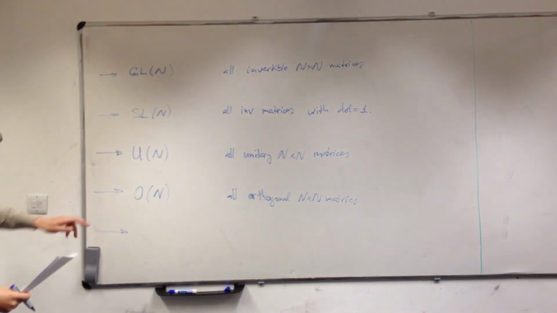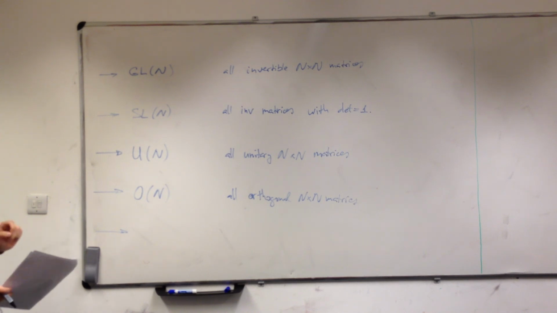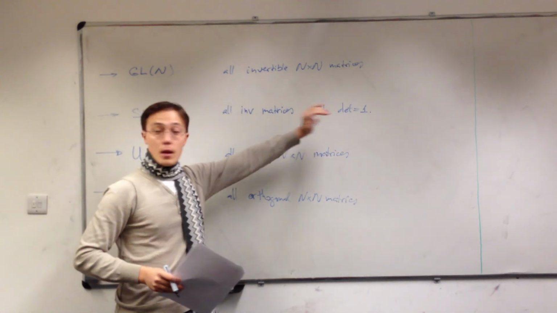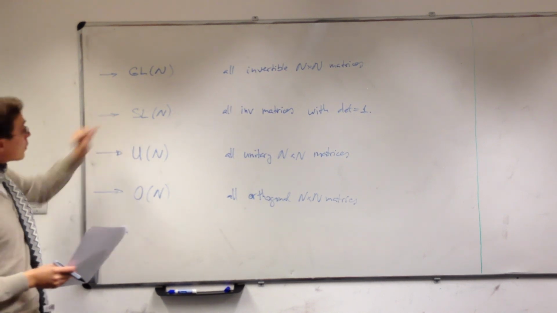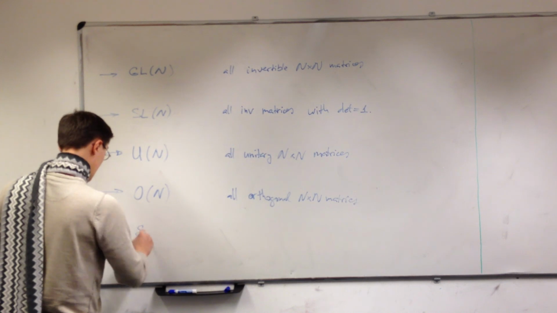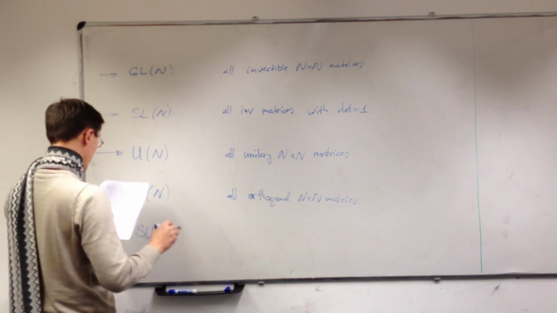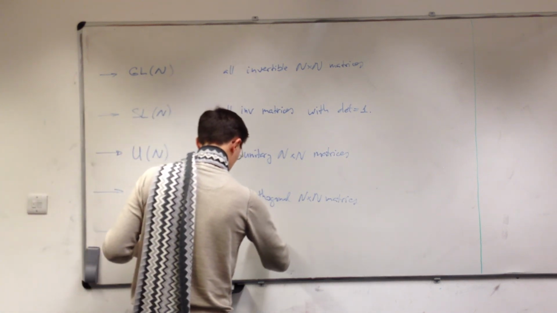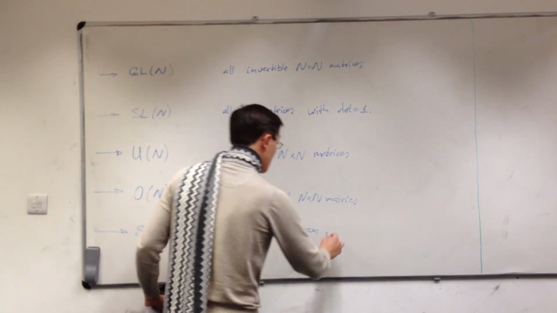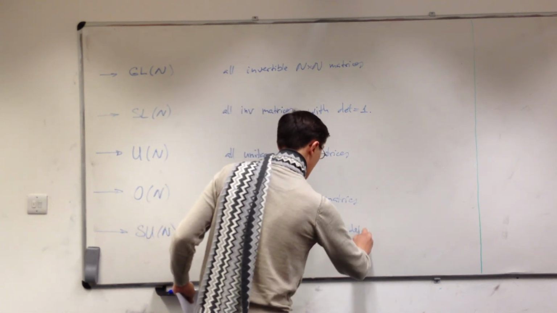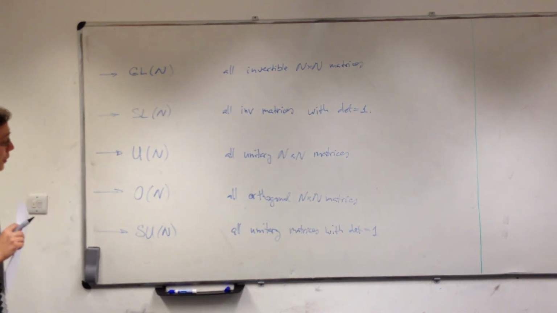Very often we are not just interested in any unitary groups, but we are interested in special unitary groups which preserve angles and volumes. So what we'll now do is combine the unitary group with the specialness criterion, and we'll get SUN, the famous SUN, special unitary group, all unitary matrices with determinant 1. And this is something that we'll see a lot in spin dynamics.